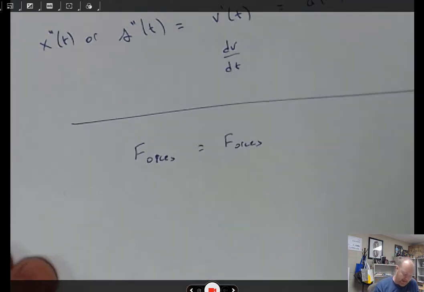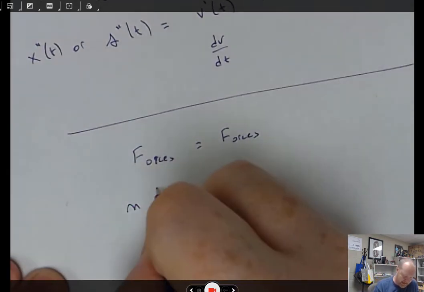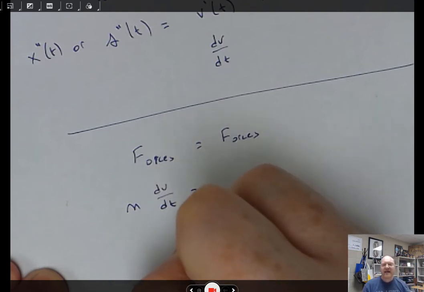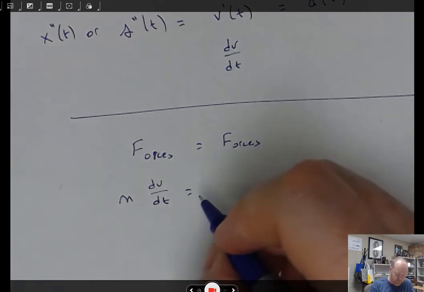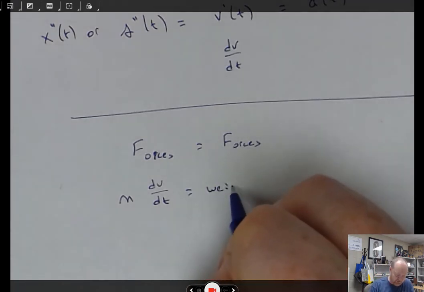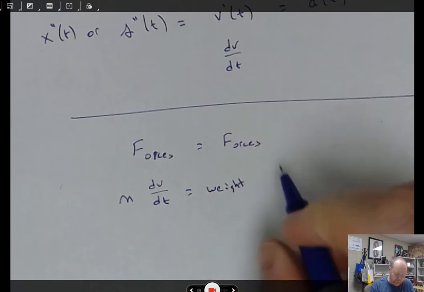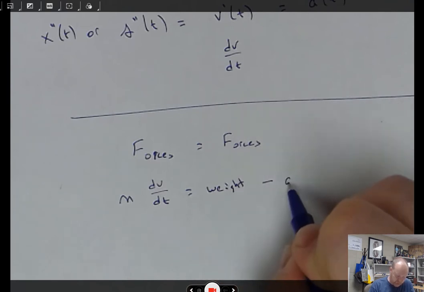So typically I have some mass times that acceleration component. And that's equivalent to all the other forces that are at play. What other forces might be at play? Well, there might be the weight of the object. I might need that. There might be air resistance.